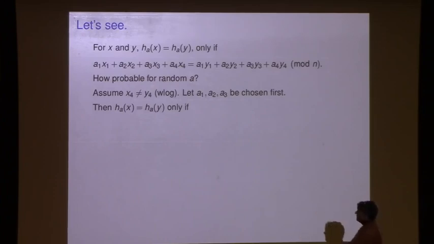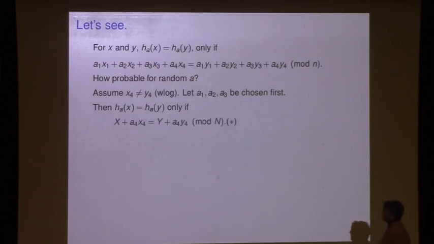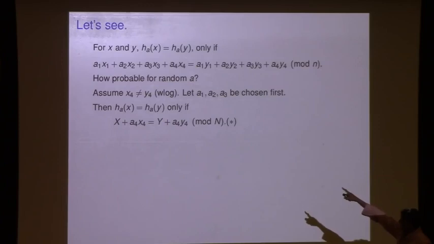That only happens if, when you write down this hash function, you get a1 times x1, a2 times x2, and a3 times x3. Let's call that big X. And correspondingly on the right-hand side, call big Y the sum of the first three terms on the right-hand side in the second line.